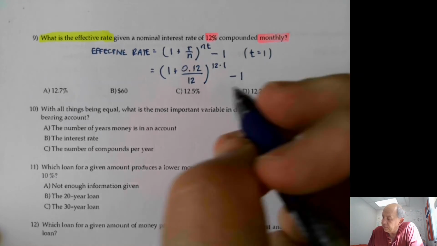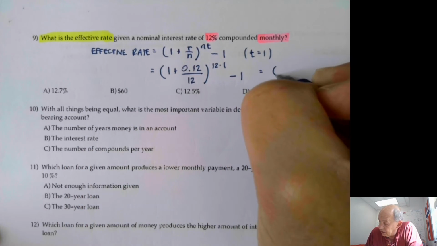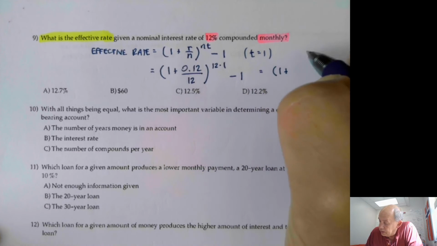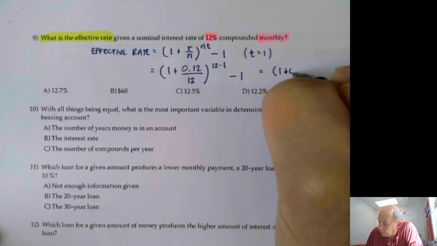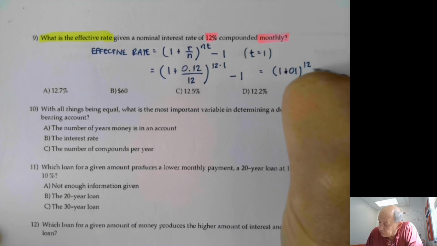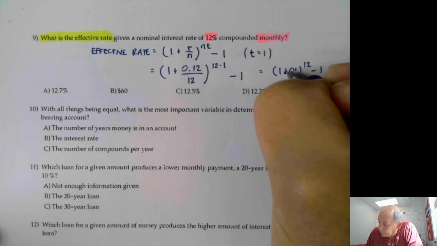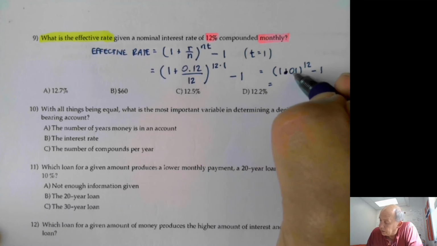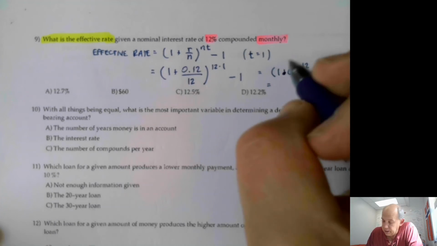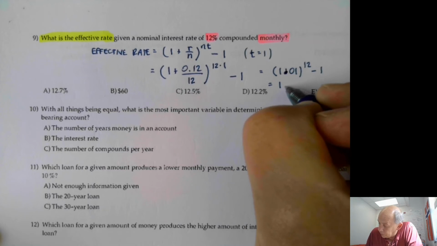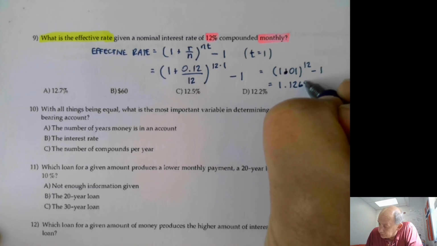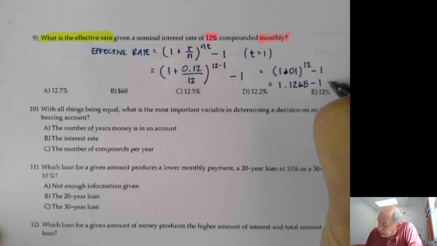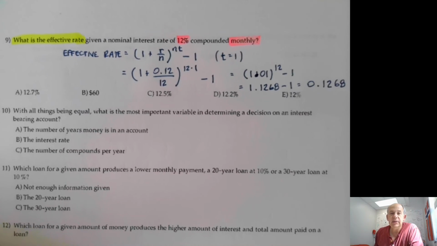So what I have for this one is 1 plus 0.01 raised to the 12th power minus 1. So that's 1.01 raised to the 12th minus 1. This value in my calculator, the 1.01, is 1.1268, and I'm going to subtract 1 and come up with 0.1268.